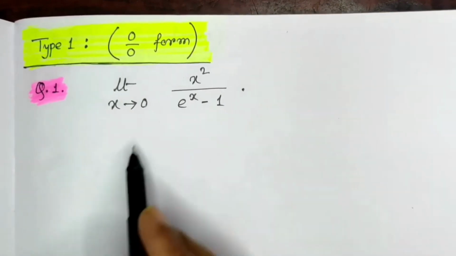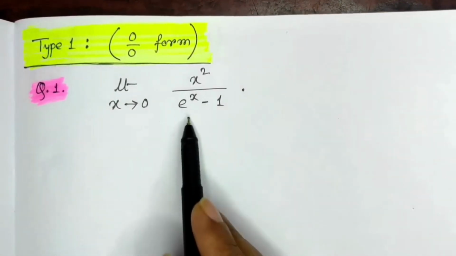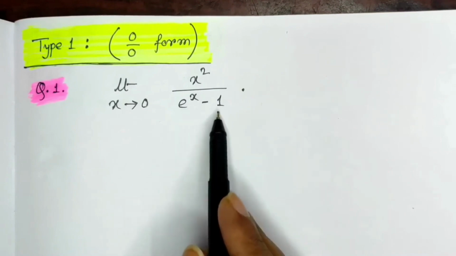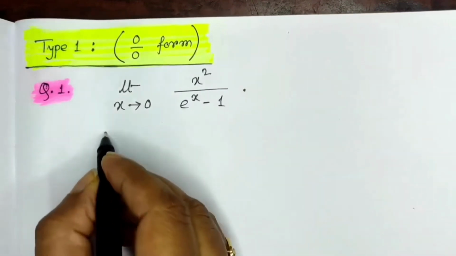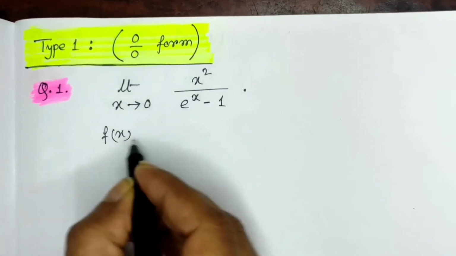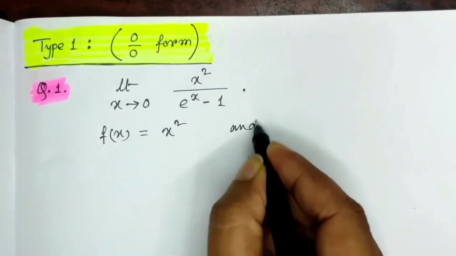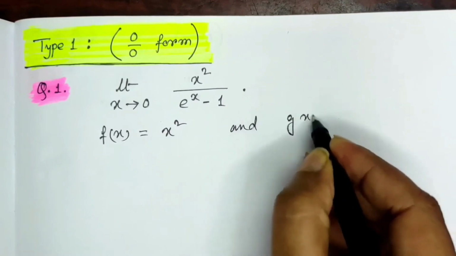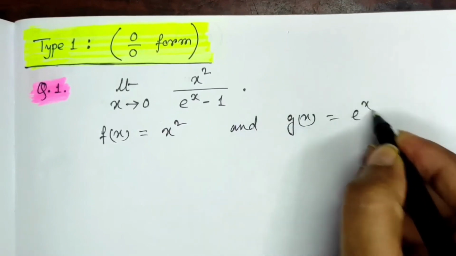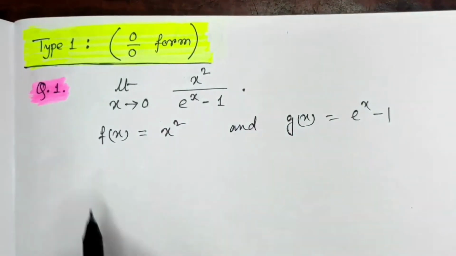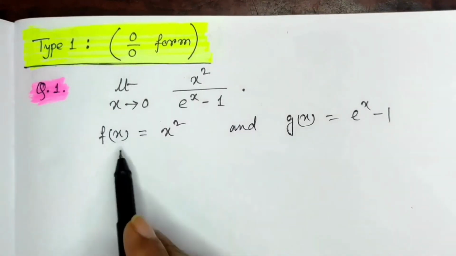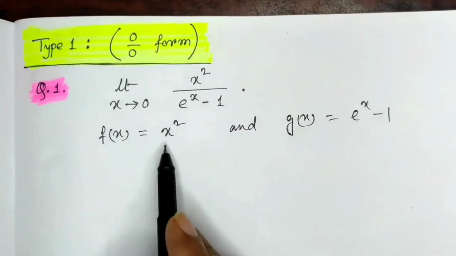Observe the given limit: x squared divided by e to the power x minus 1. Let us consider f(x) equals x squared and g(x) equals e to the power x minus 1. If we take the limit x tends to 0, then definitely the value of f is 0.